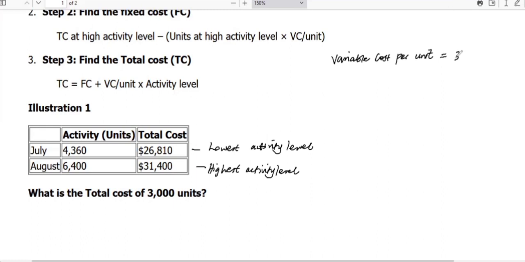So we get 31,400 minus 26,810, divided by the change in units, 6,400 minus 4,360.